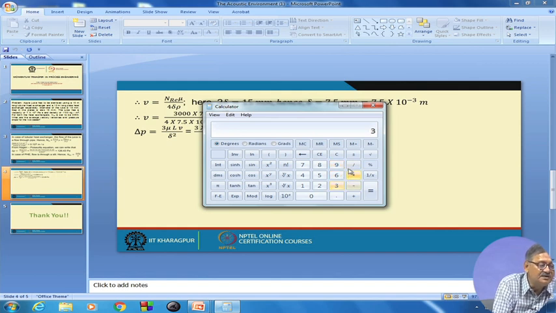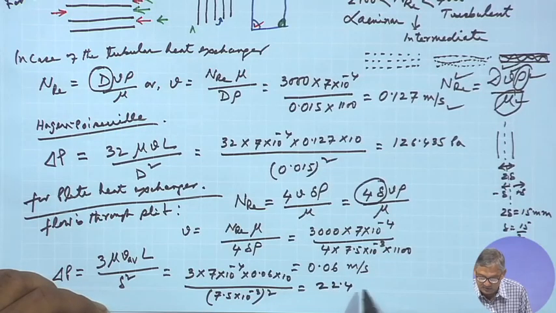3 into 7 into 10 to the minus 4 into 0.06 into 10 is equal to so much divided by 7.5 into 10 to the power minus 3, squared. So, it is equal to 22.4 Pascal.